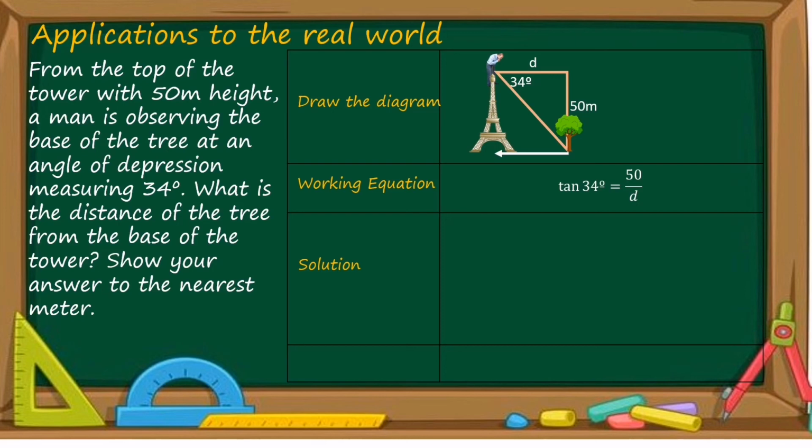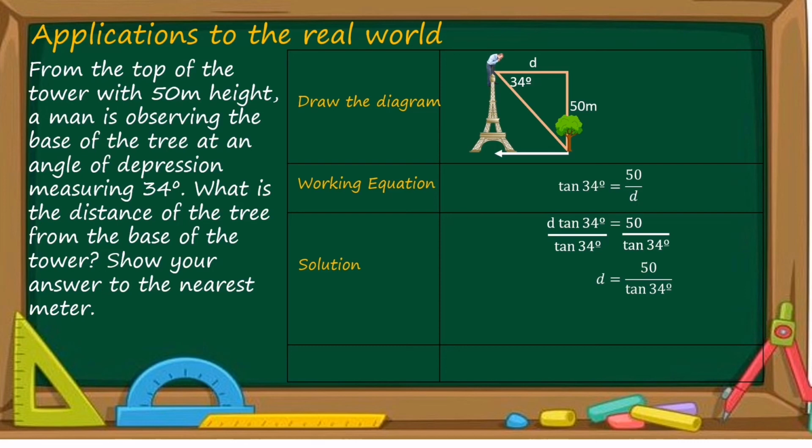By cross product, our equation will become D times tangent 34 degrees is equal to 50. Dividing both sides of the equation by tangent 34 degrees, D equals 50 over tangent 34 degrees.